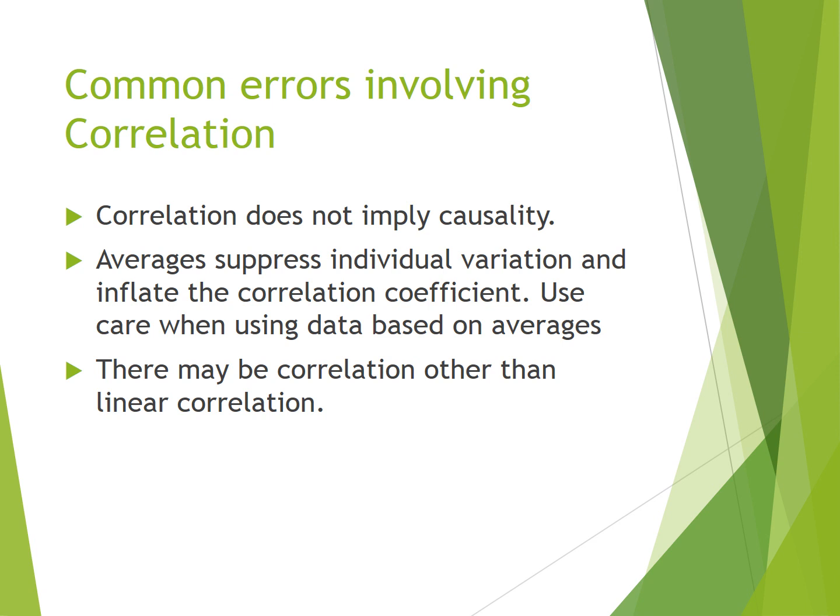So it may seem that we have a stronger linear relationship than we really do. And there may be correlations other than linear correlations. I told you there's parabolic correlations, there's logarithmic correlations, exponential correlations, and those are just a handful of the ones that are possible.